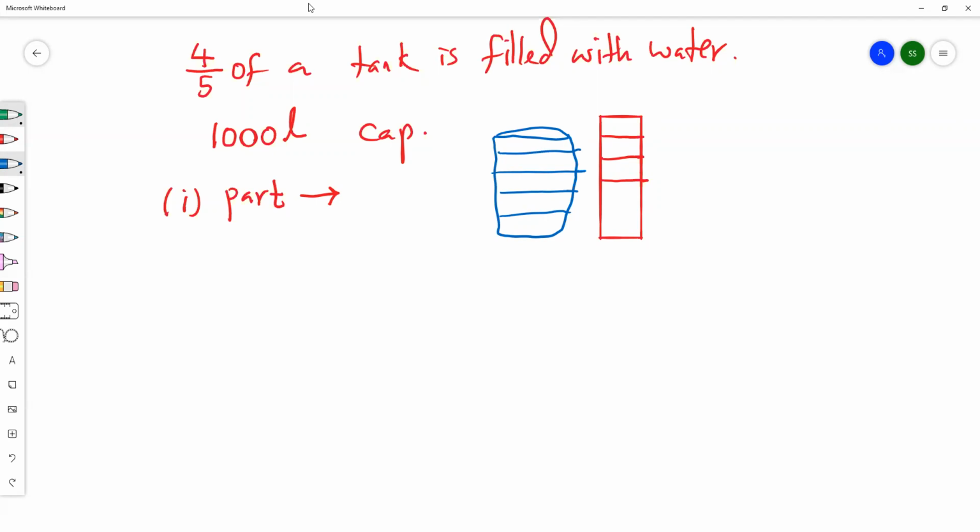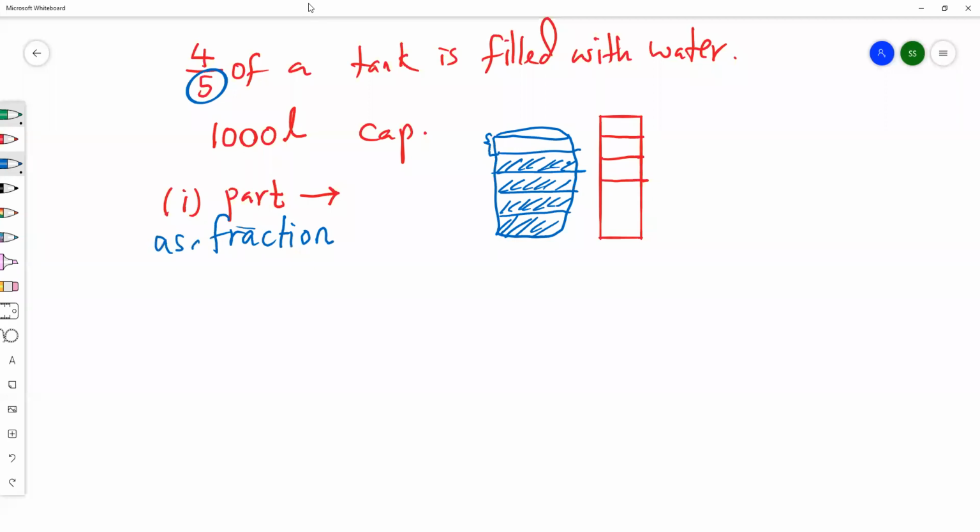Out of 5, 4 parts are filled with water. 1, 2, 3, 4 part is filled. What is the remaining part of this tank which is not filled with water as a fraction?